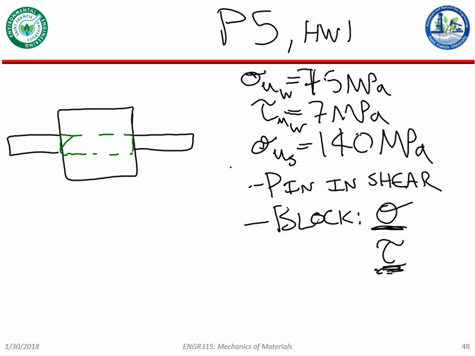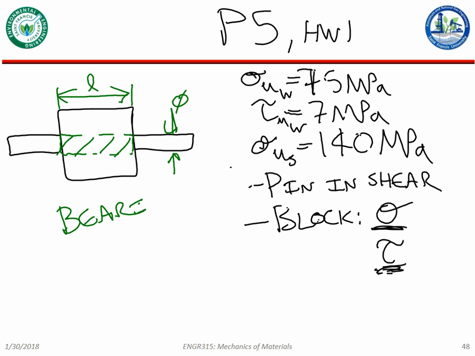So that is my area now. So it's the pin diameter wide by whatever that dimension of the block is long. And that's your bearing stress, which is just F over a different A.